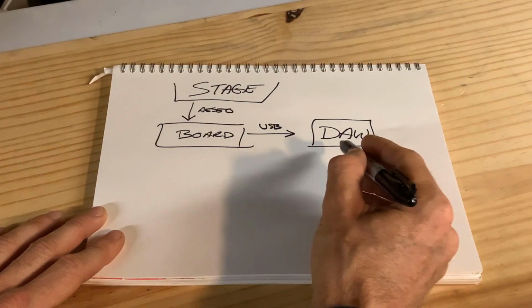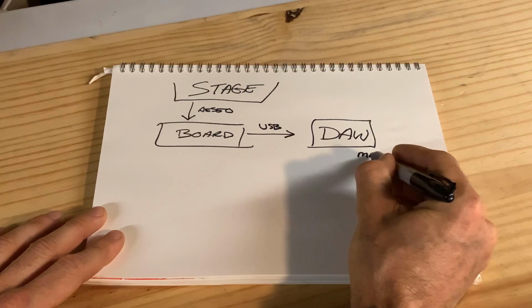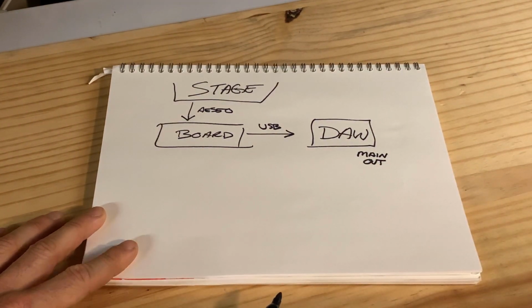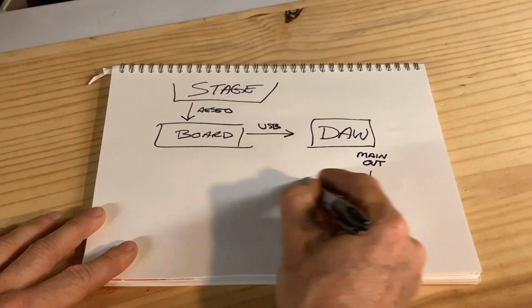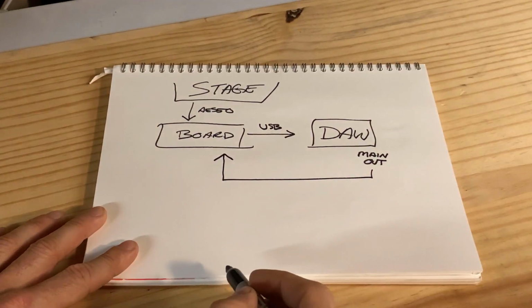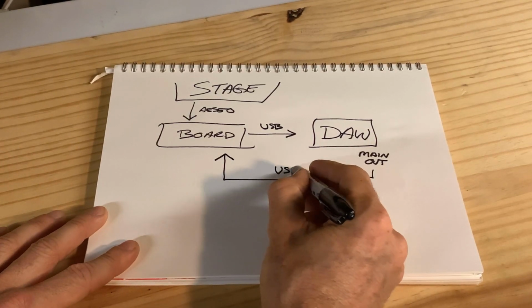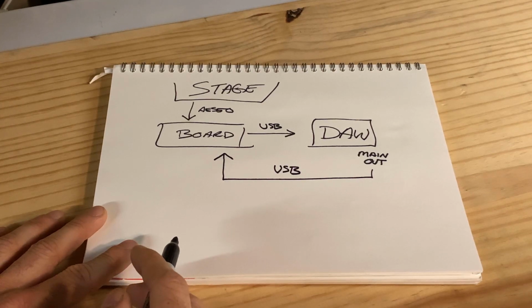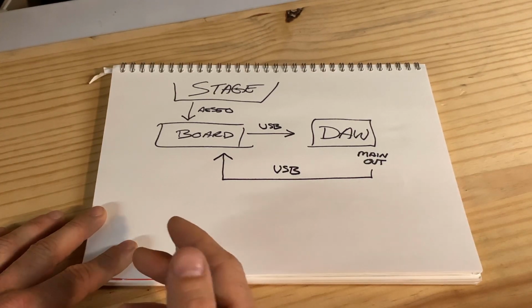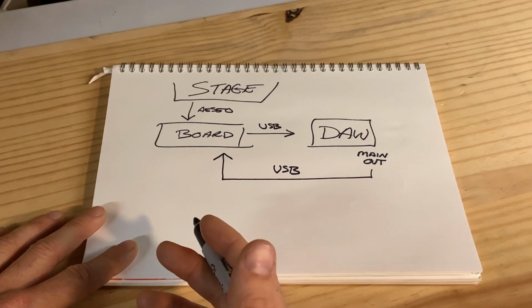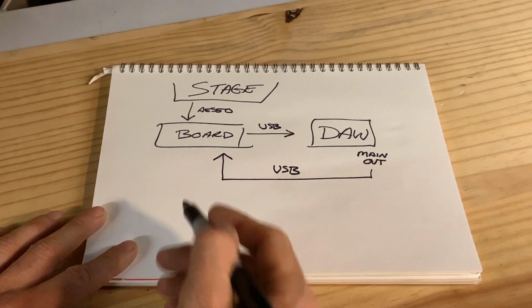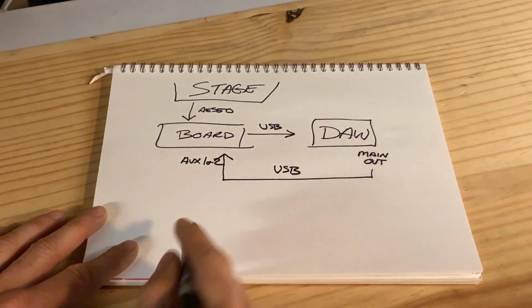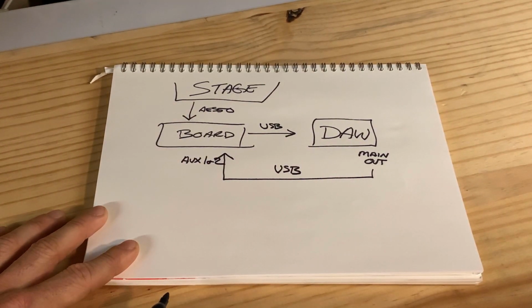Now we're going to build our mix, and in our DAW, we have our main output. And we need to map that main output back over to the soundboard, and that's going to be across USB. Now we need to section off 2 channels on the soundboard so that we can effectively visualize and then reroute this audio. So for us, we're going to bring it in on AUX 1 and 2. Okay, auxiliary 1 and 2 will be our inputs.